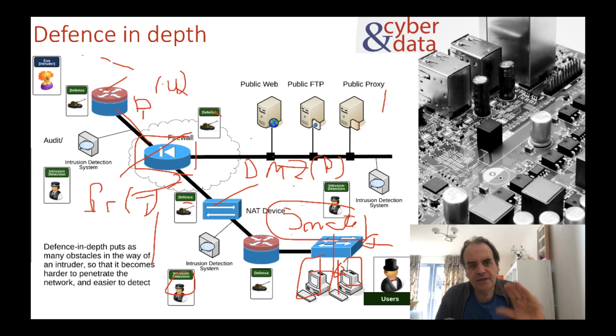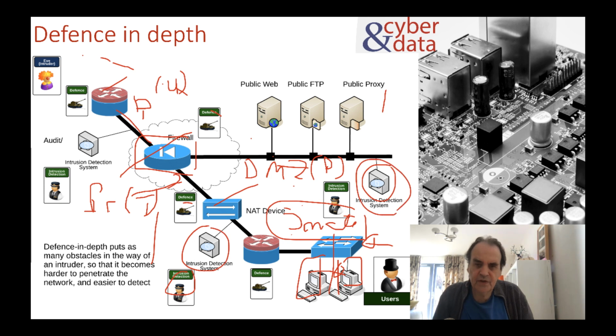Okay, so in this case there are many different systems to protect, and we have IDS systems around. We have network-based ones that listen to network traffic, but we also install our intrusion detection systems on the hosts.